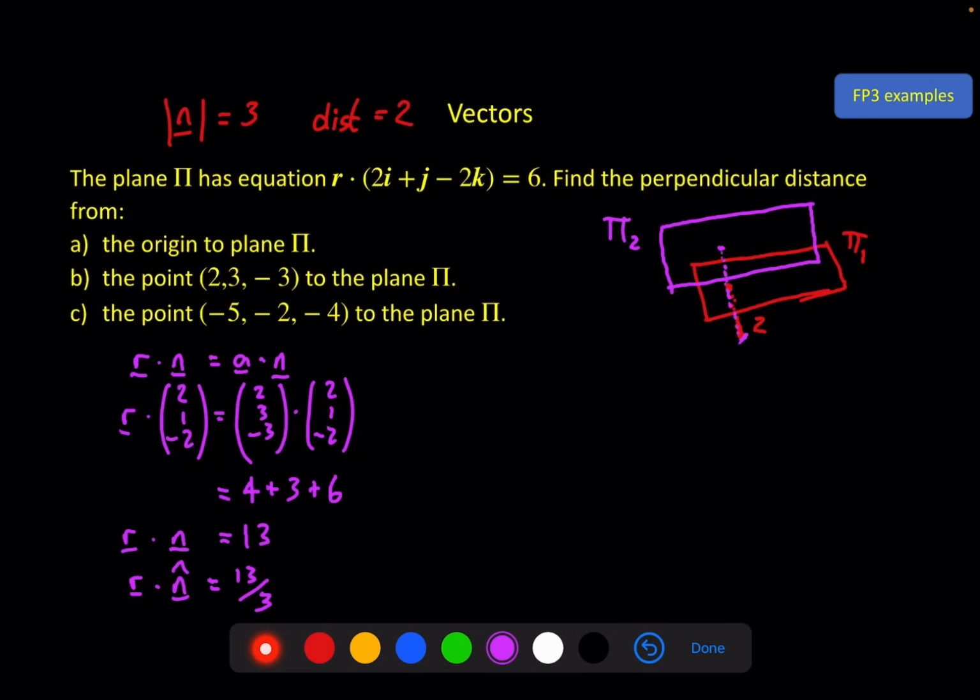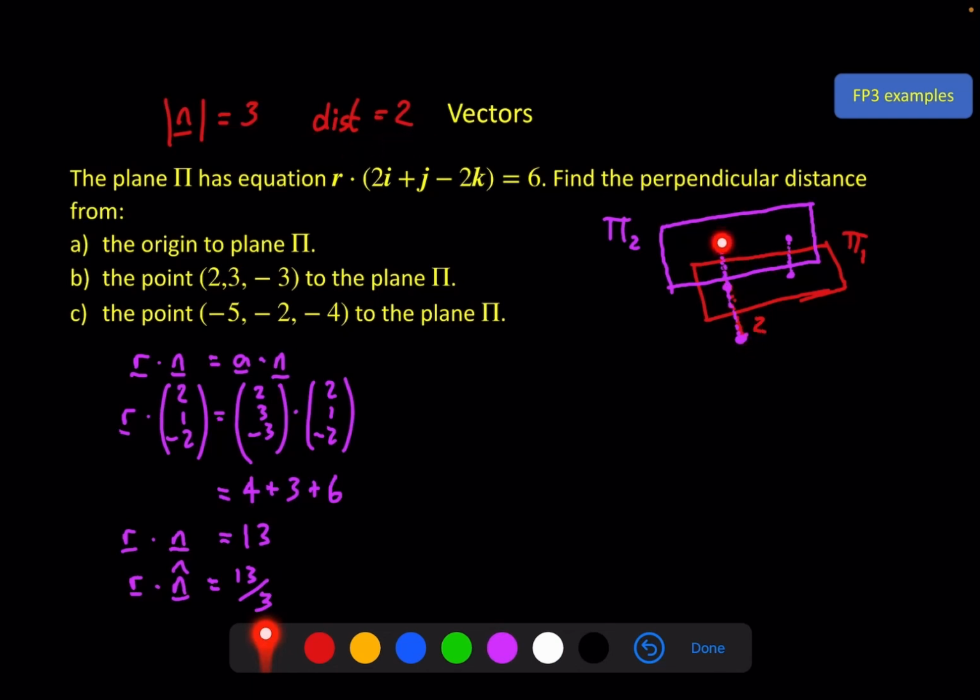But that's not what we wanted. What we wanted was from this point to plane pi 1. But because we're talking about perpendicular distances, if that point is, say, over here, down to this plane here is the same distance as this point would be down to here, which is exactly 2 units closer than the origin, because we know the distance to pi 1 is 2.